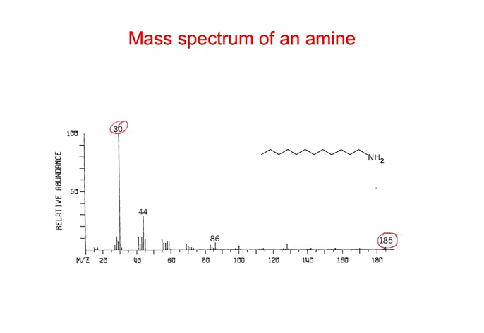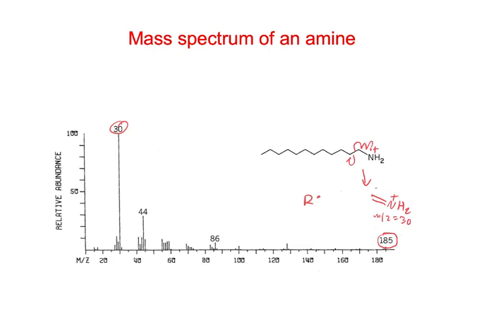And this is just going to be an alpha cleavage from this nitrogen, like this. It's going to give us this ion plus this radical, and this is M over Z equals 30.